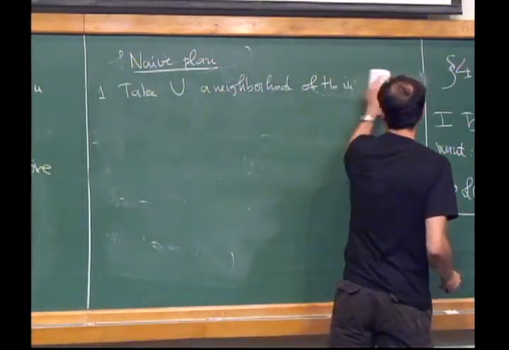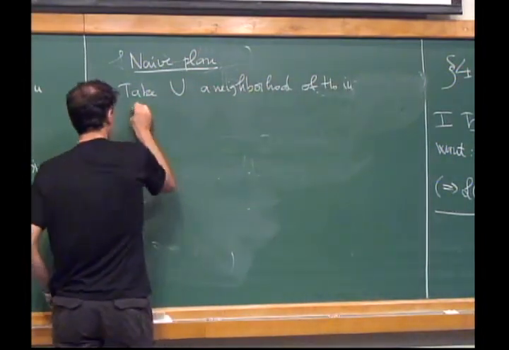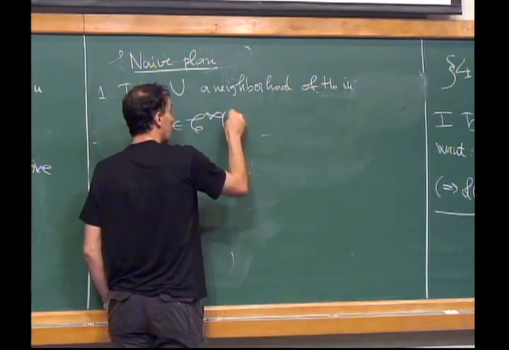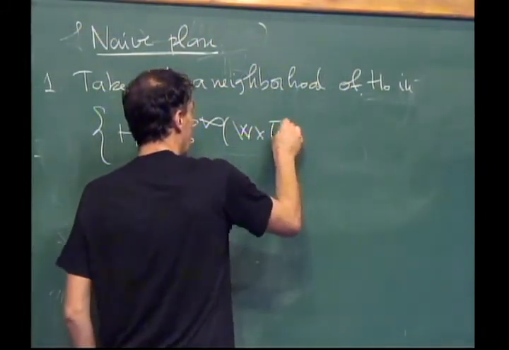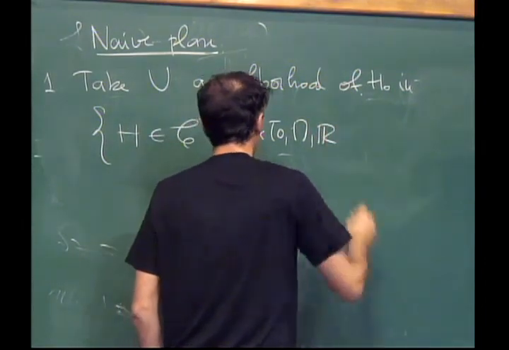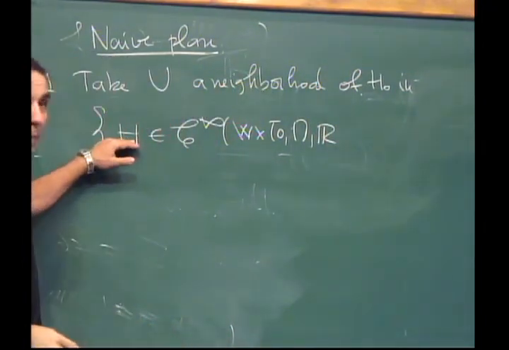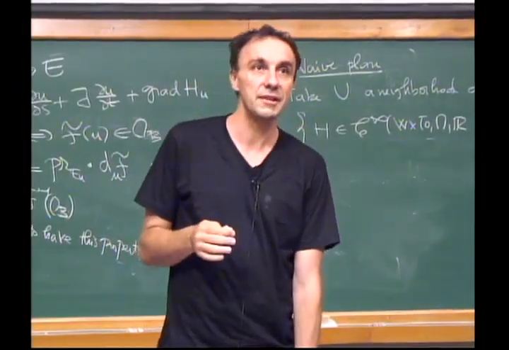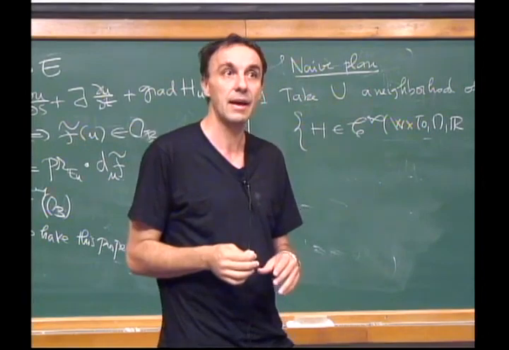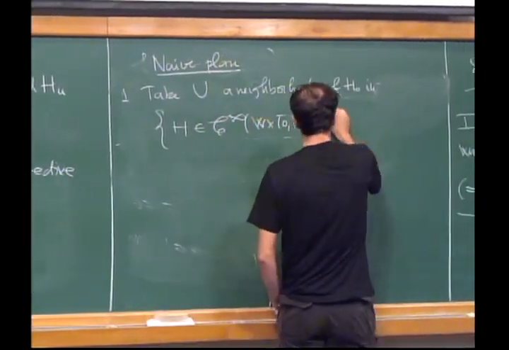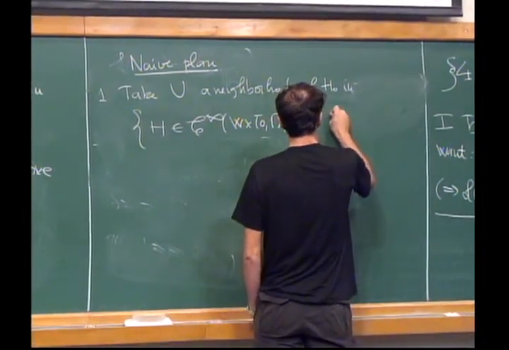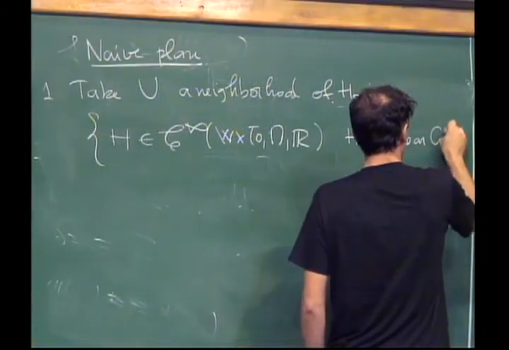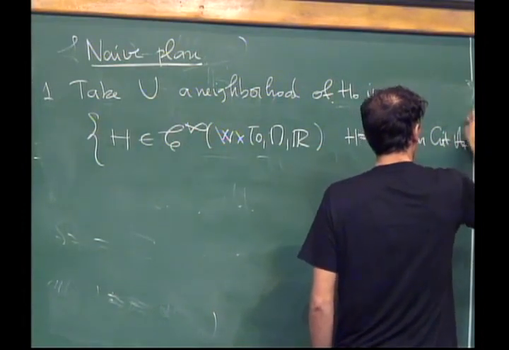Actually I will write it like this: H in C infinity of W times [0,1] to R, and I want this perturbation to be equal to H0 near the critical points of A_H0. So say H equal to H0 near the critical points of H0.